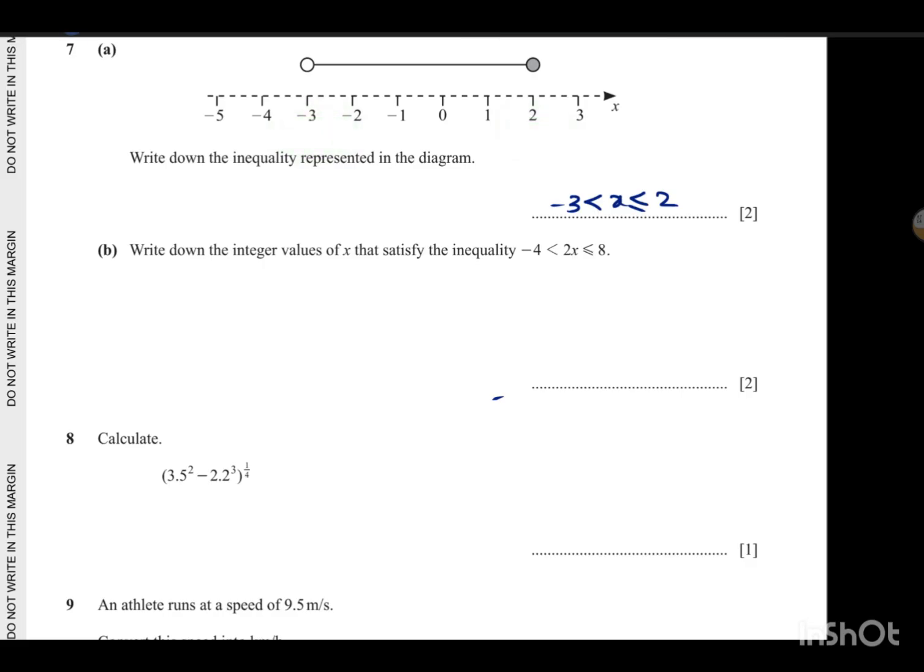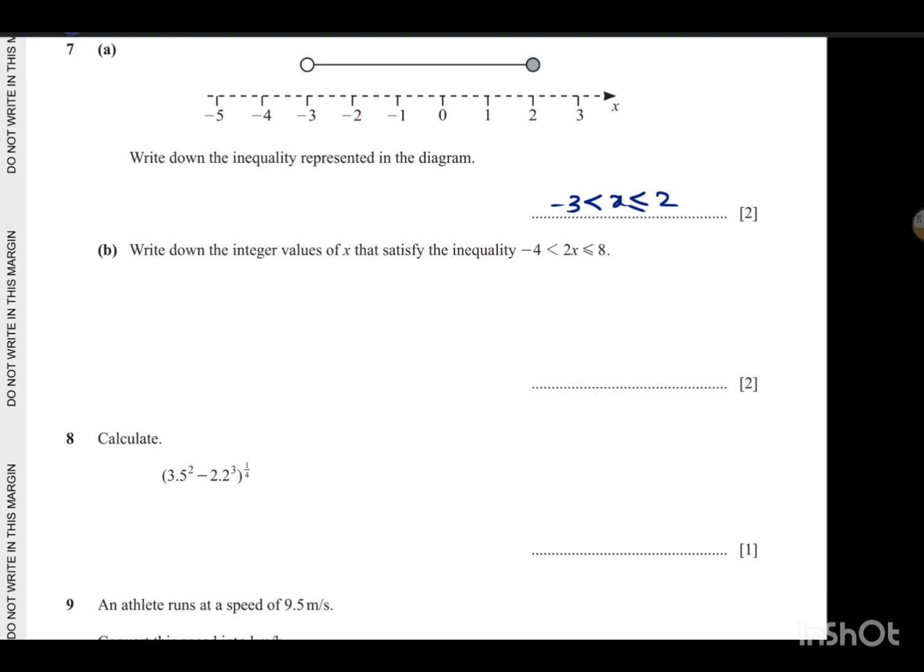Question B. Write down the integer values of x that satisfies the inequality minus 4 less than 2x less than or equal to 8. So now that is 2x here. Where will the value of x lie, in between which two numbers?